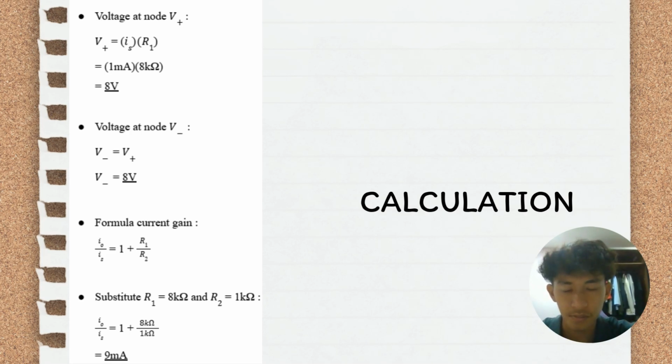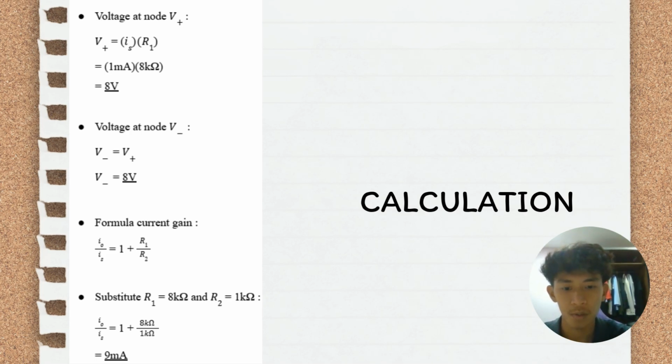And then we need to calculate the current gain. Here is the formula for current gain: I0 over IS equals 1 plus R1 over R2.